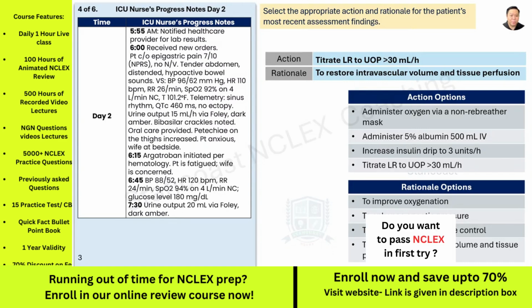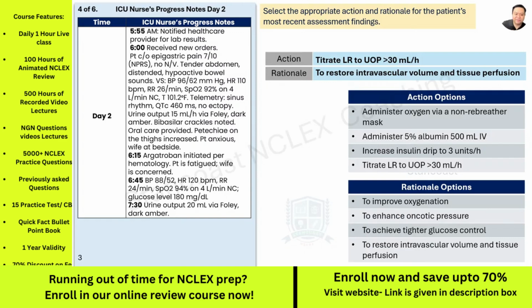It is very important for us to match the oxygen delivery method to the patient's actual need, not just assume more is better. So I want you to keep that in mind, right? Non-rebreather mask is too aggressive for this kind of scenario. So I hope that you're able to capture all those correct answers here.